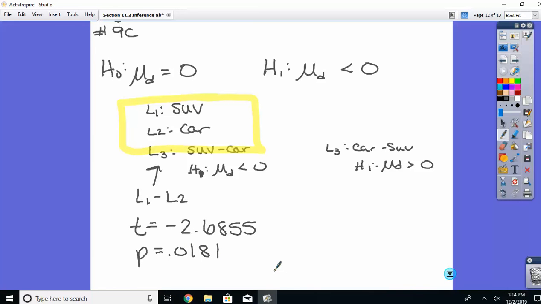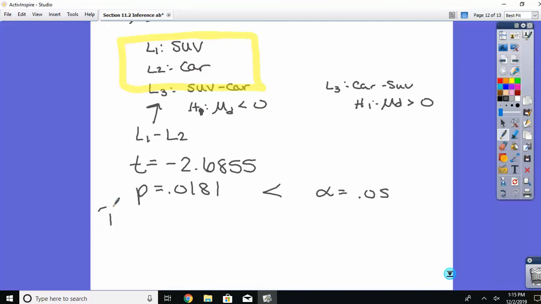So then the question on part C, does the data suggest the repair cost for the car is higher? Use an alpha equals 0.05. So is that greater than or less than alpha? That is less than, so what does that mean? We reject the null.